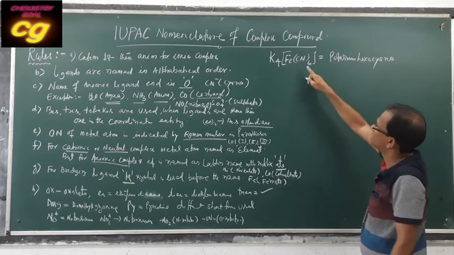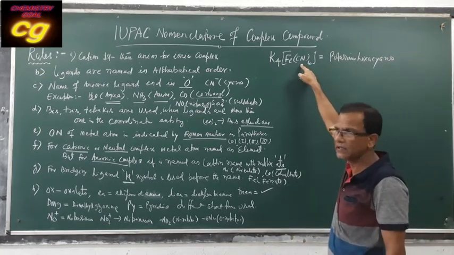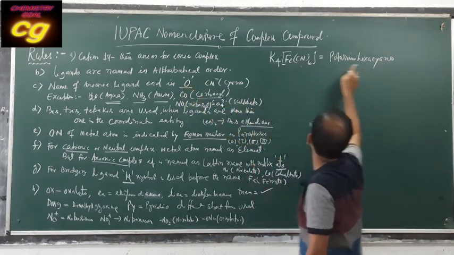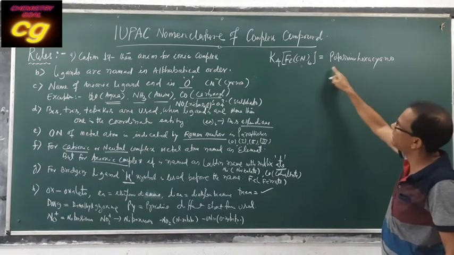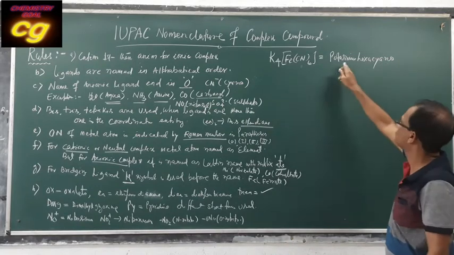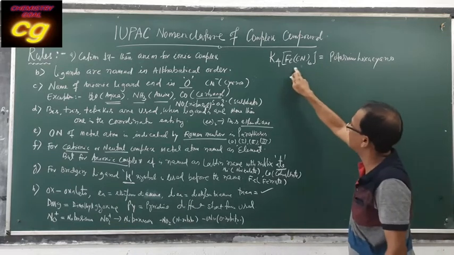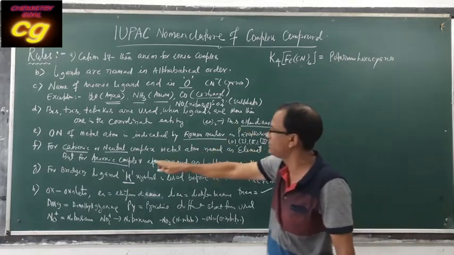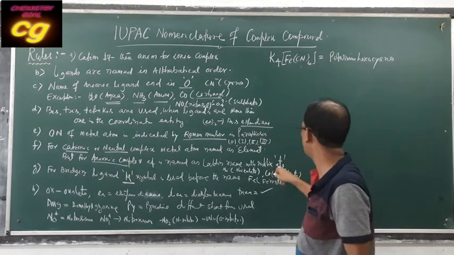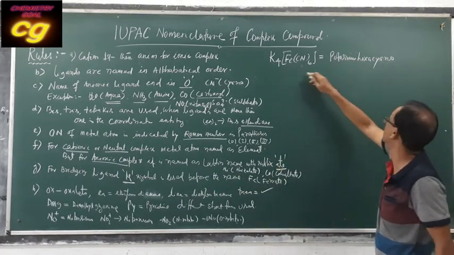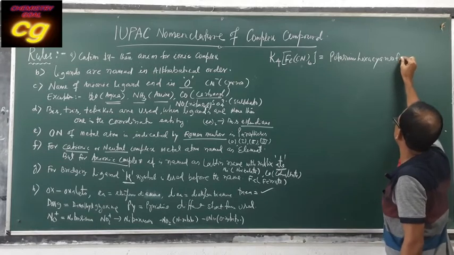Already I have told you cyanide is a negative ligand ending with O, that's cyano. Everything follows the rules. So potassium hexacyano, as it is a negative complex, meaning an anionic complex, the ending will be ate. Iron's Latin name is ferrum, so it is ferrate.